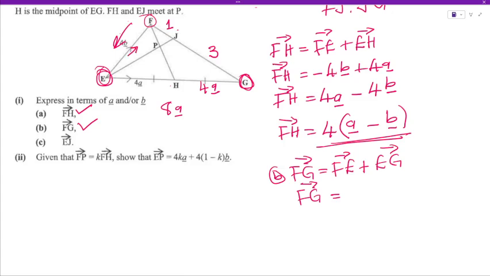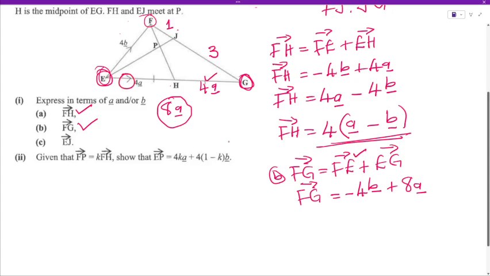The vector is heading in this direction, as you can see, indicated right next to the value for the vector. So it becomes negative 4 vector b as the value for FE. Then EG, we said the total is 8a, because we have 4a there and 4a there, so we get positive 8 vector a. Why? Because we're heading in the same direction as the vector.